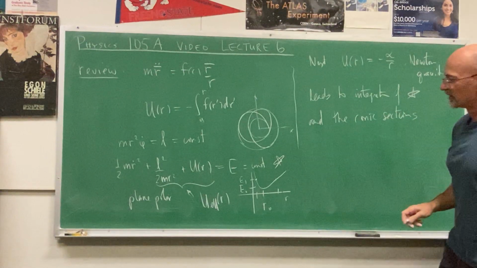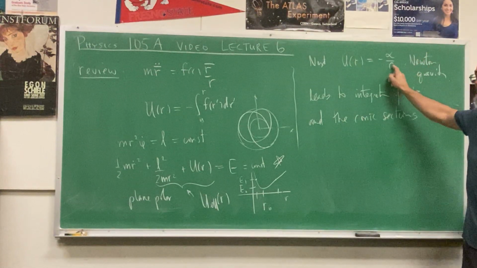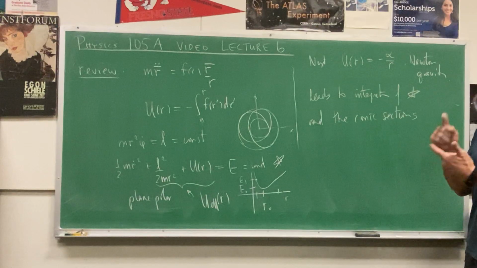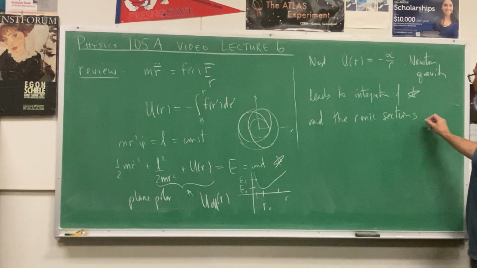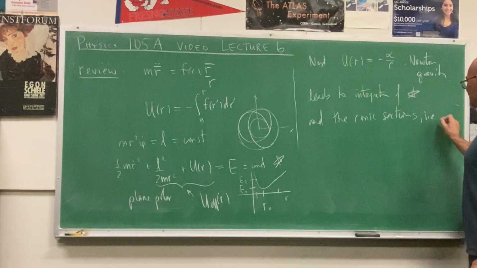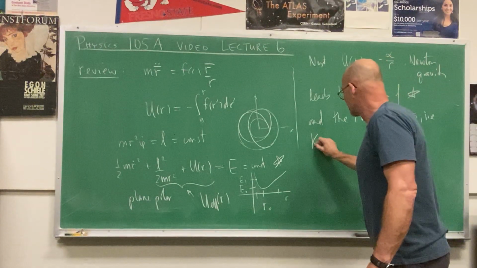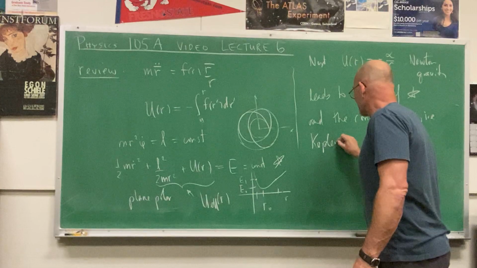The trajectories here turn out to be conic sections, so you have ellipses, circles, parabolas, hyperbolas. They lead there, and I'll say i.e. Kepler's laws of planetary orbits.